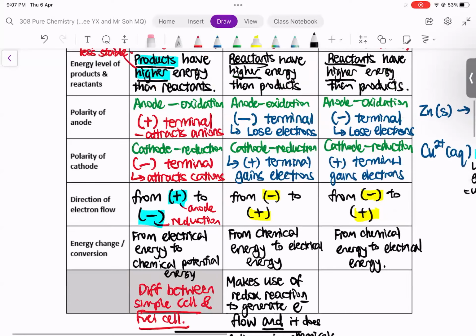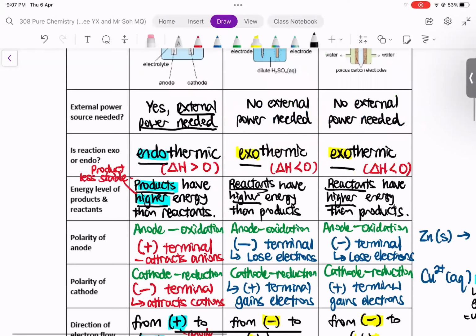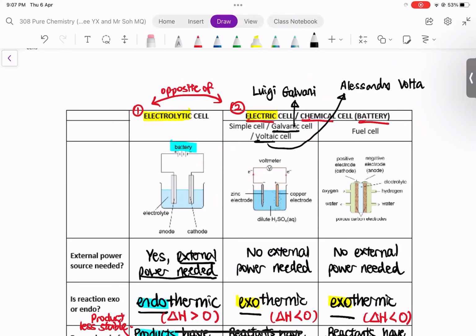There is no need for chemicals to be supplied in or out continuously. It is self-contained, if you like. All the chemicals you need for the cell are already there. Zinc, copper, the electrolyte. Okay?